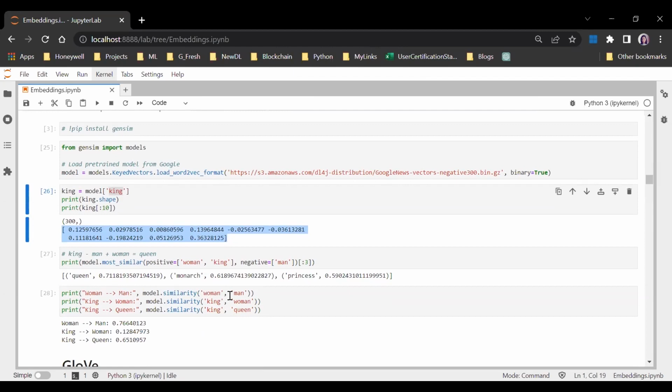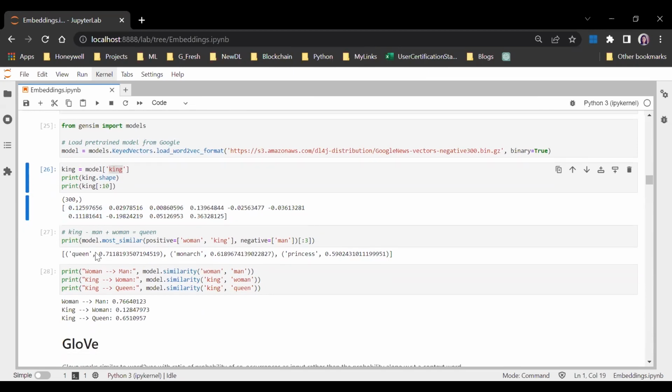Now, if we want to identify some similarity, like let's say we want to evaluate this equation, king minus man plus woman is equal to queen, then that's also possible. Here, we can pass what the positive words are and what the negative words are, and based on that, it will give us a recommendation.